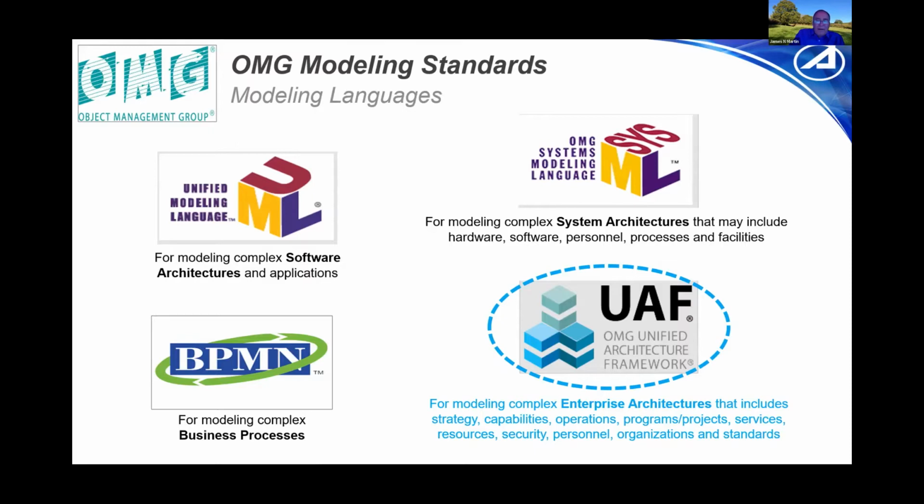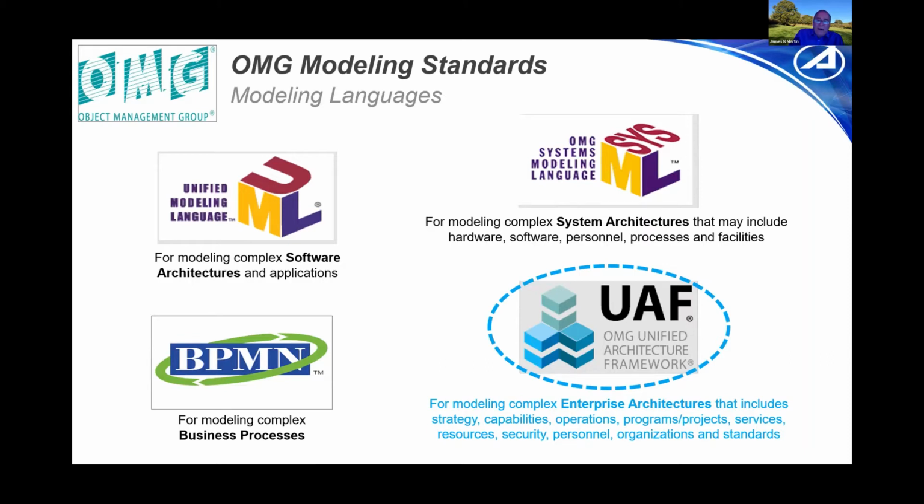So I'll just start off by saying that UAF has 230 stereotypes defined, built upon the basic stereotypes within the SysML modeling language. So if you want to model an enterprise or model a business or model a mission, you normally would have to make your own extensions.